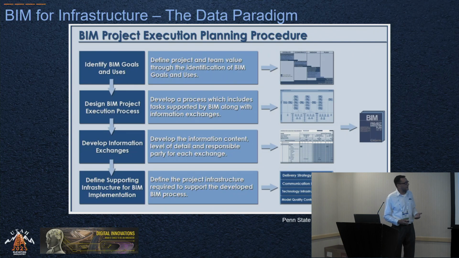So the data paradigm, this comes from Penn State University. They're one of the leaders in developing the BIM roadmap, so to speak. But identify the BIM uses and goals, design and execution process, develop the information exchanges, and define a supporting infrastructure for developing BIM. So those are information models, right?